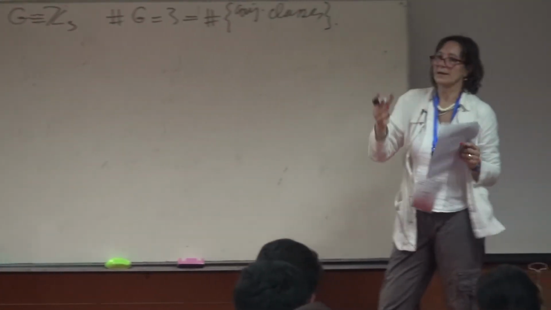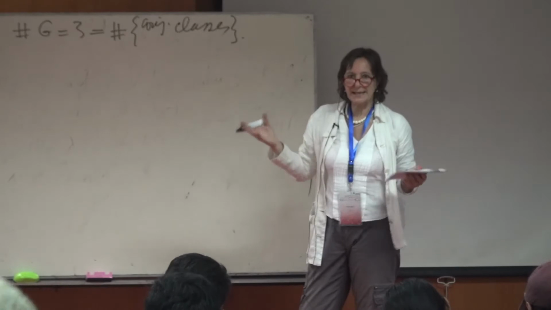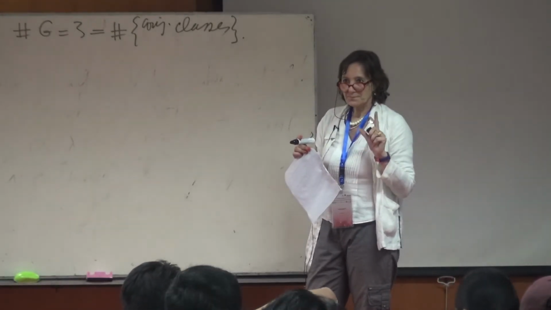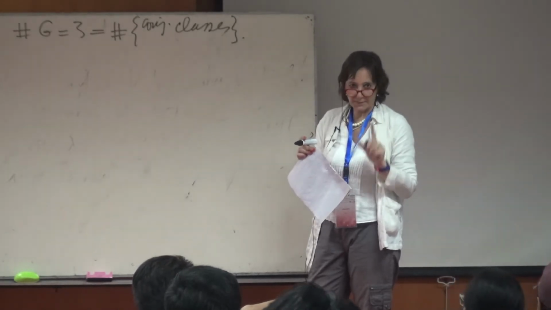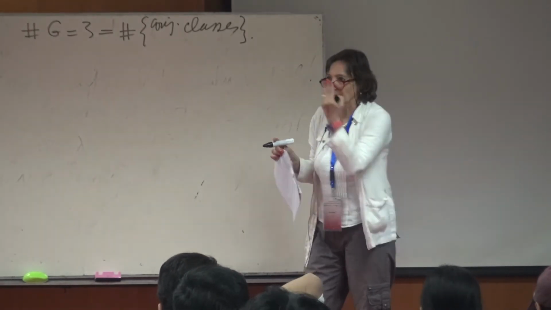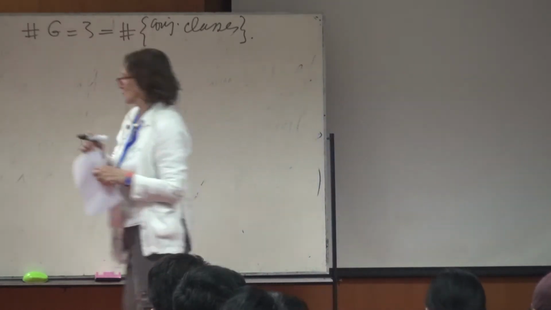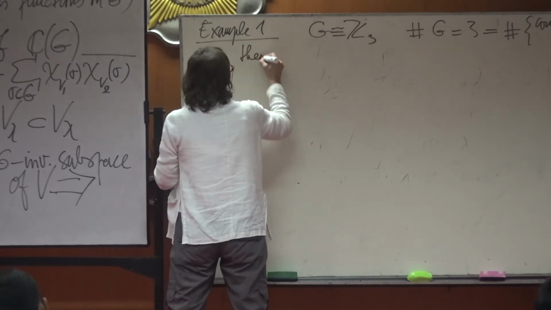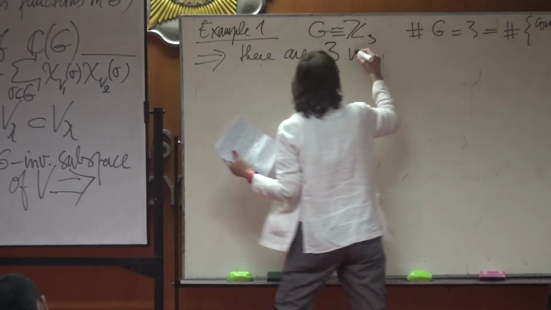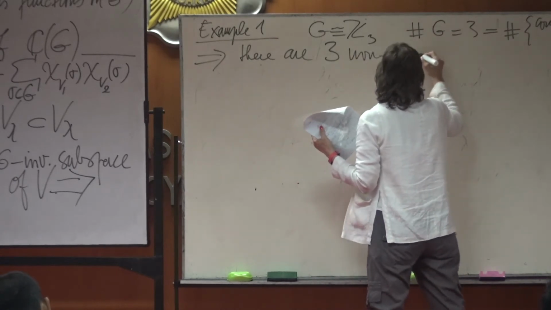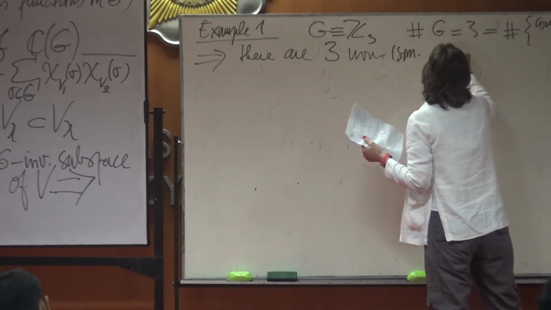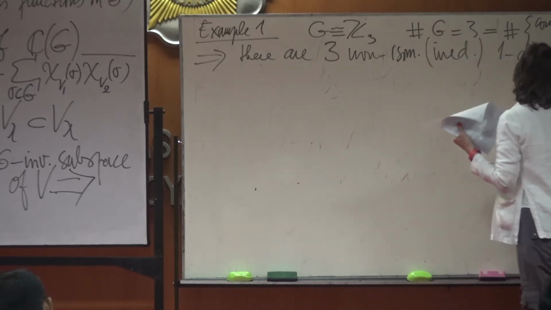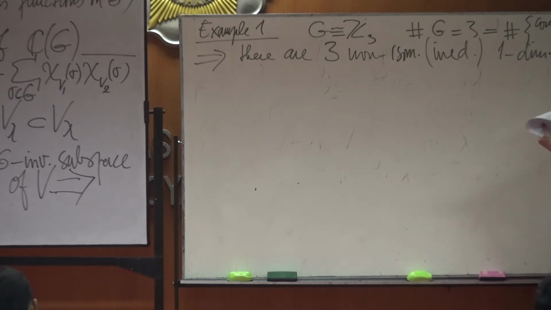So by the theorems and the lemma, we know that there are 3 non-equivalent irreducible representations of G, they are one-dimensional, they are already irreducible, no? So there are 3 non-isomorphic irreducible, one-dimensional representations of G.